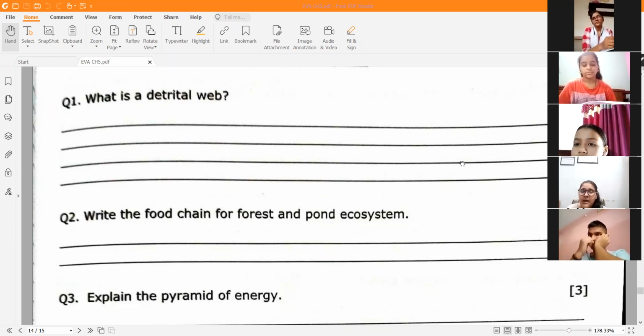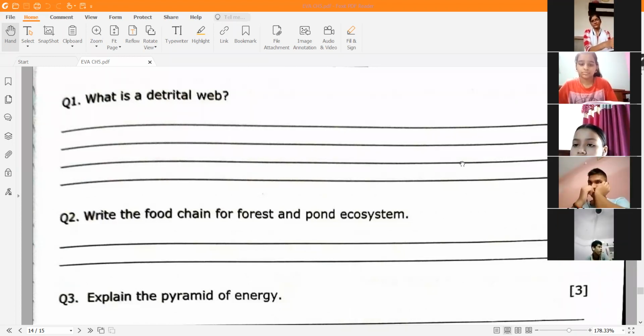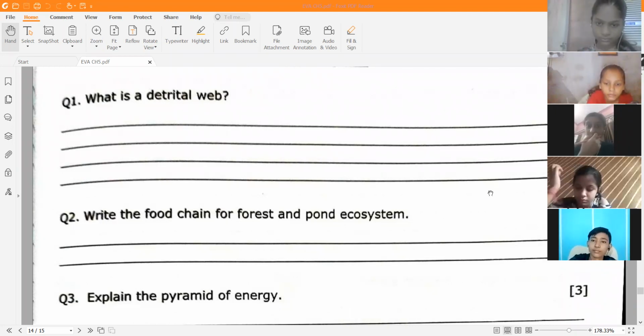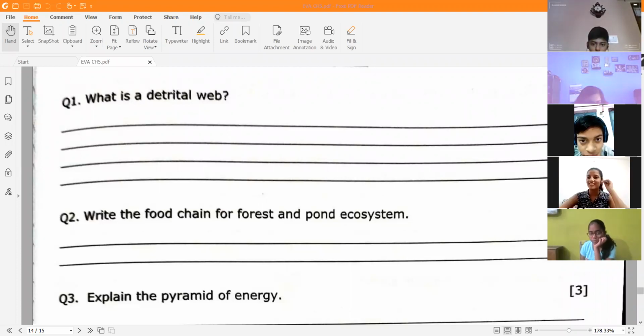Ma'am, plants are eaten by rabbit, rabbit is eaten by fox, and fox is eaten by lion. All right, but foxes are not eaten by a lion. They are very clever. They escape each time. It's not easy for a lion to catch the fox, but fine, I'll accept it. But in your exam, think of a better example.